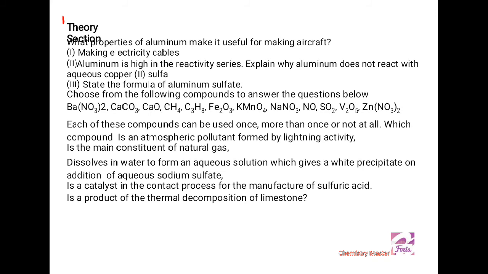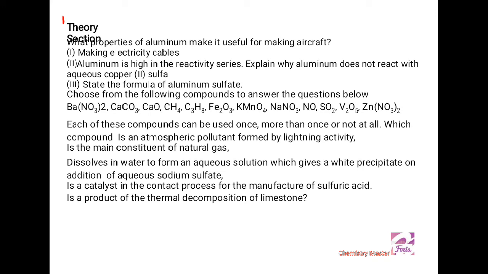Now we come to the theory section. What properties of aluminum make it useful for making aircraft? This question is taken from the chapter on metals, where we learn that each metal has many unique properties. When we are interested in making an aircraft, we need to select a metal which must be light in weight.